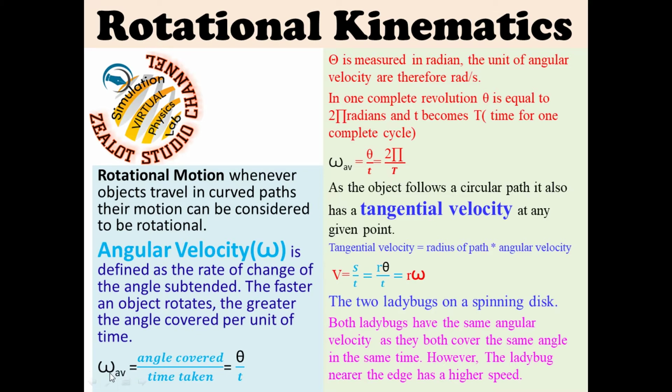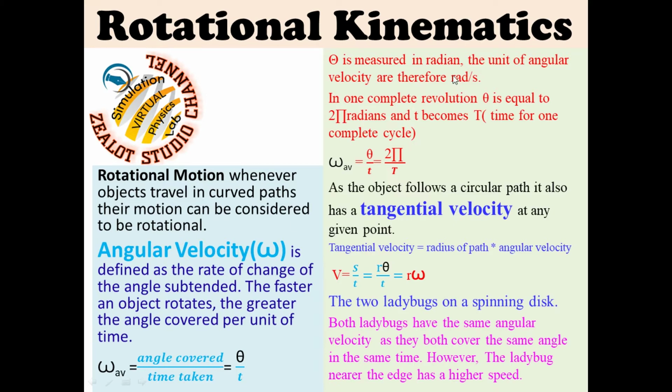So the average angular velocity equals the angle covered by the moving object divided by time taken, delta theta over t.